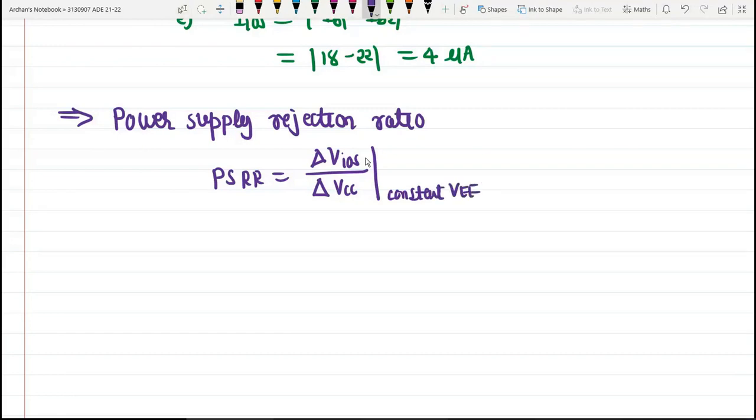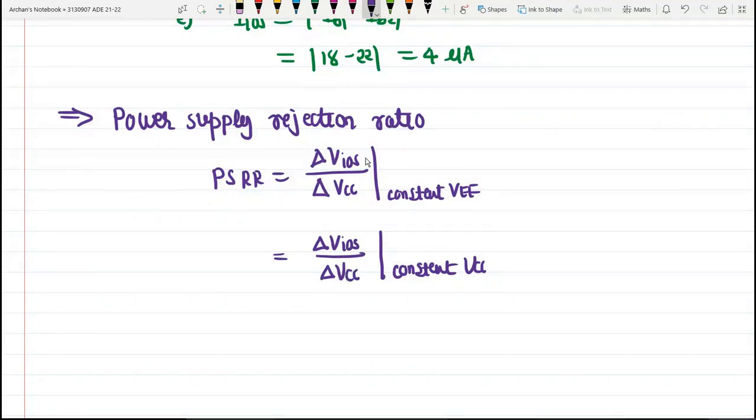The same is true with the other source also. If we have a constant value of VCC, then it is given by delta VIOS by delta VCC.